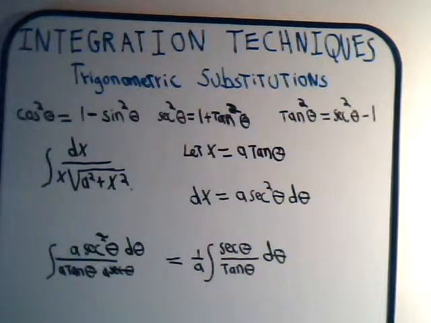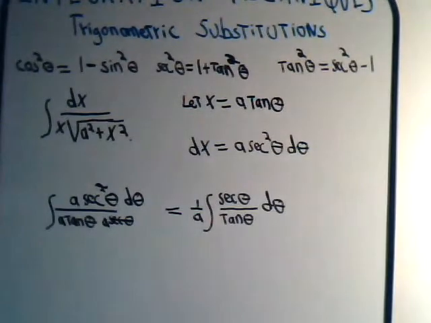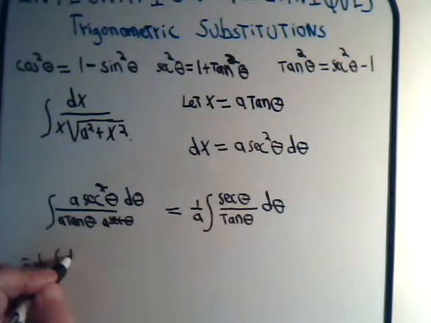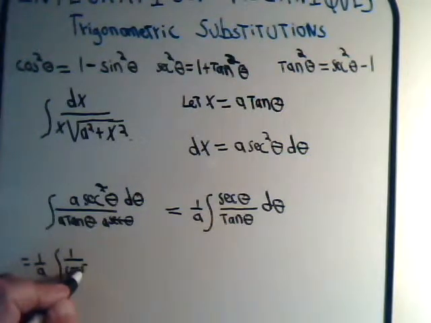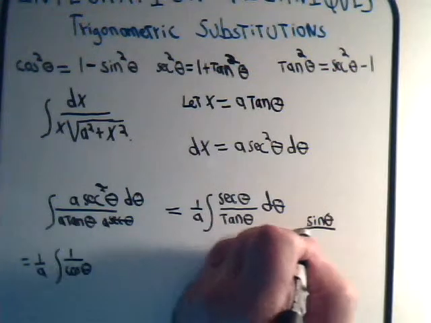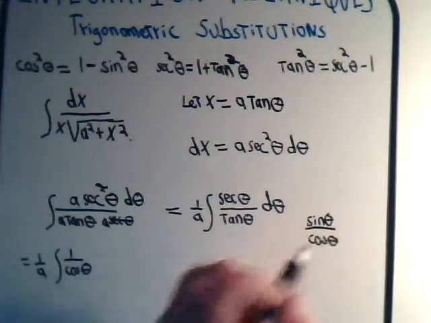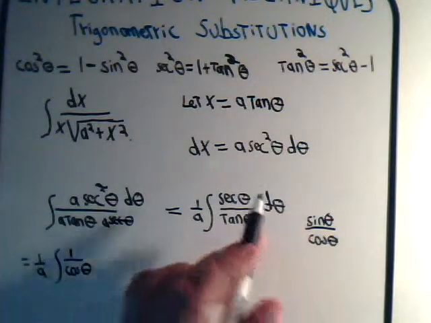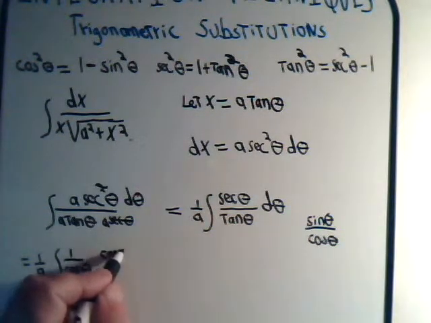And let's see, it doesn't look like a u-du substitution is going to work here. Let's see if we can simplify it. Let's just use the basic definition, see if we can get lucky. Let's see, this would be equal to 1 over a, the integral, the secant of theta, that's 1 divided by the cosine of theta, tangent of theta, that's the sine of theta divided by the cosine of theta, and that's the denominator, so if we take it up, that would be multiplying by the reciprocal.